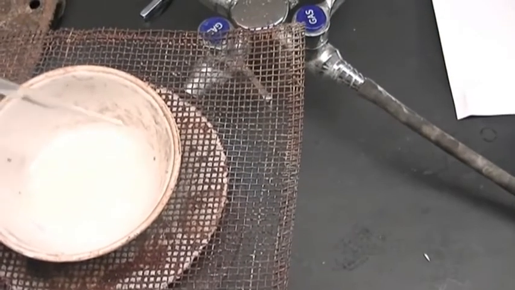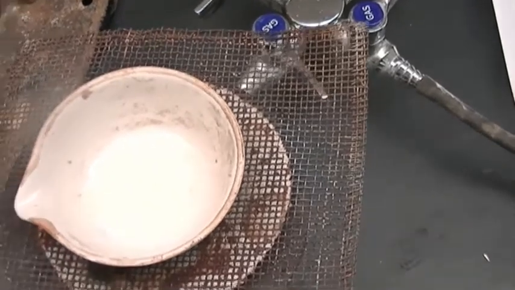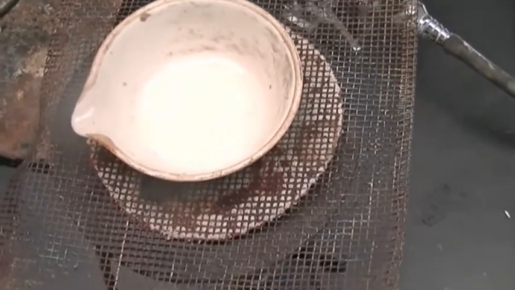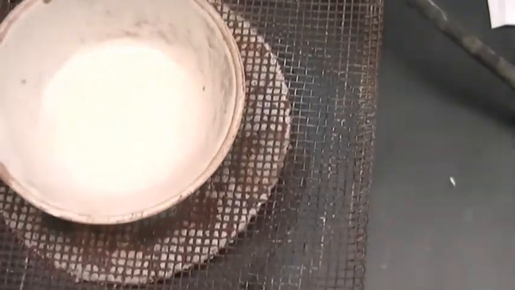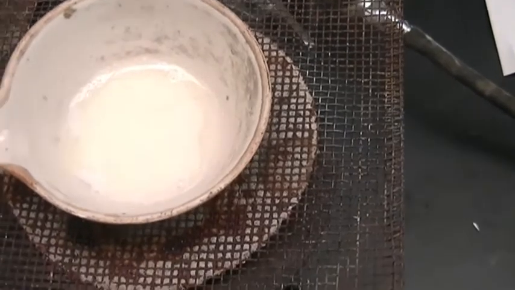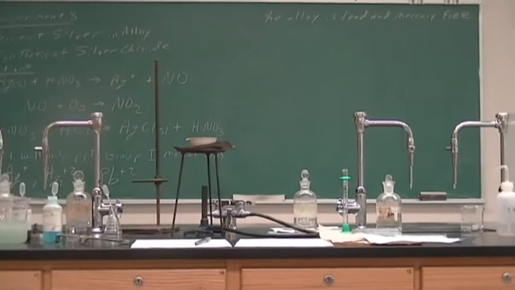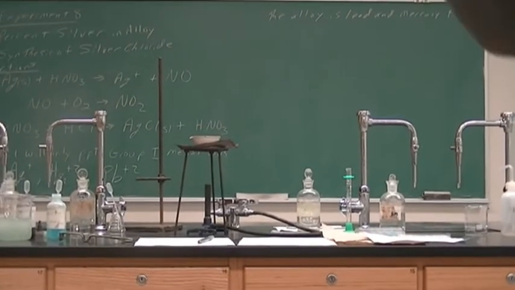So here's our 3 mils that it calls for, although I don't see any solid forming, so we are good. All right, and so now we just have to dry this and weigh it. So that is your silver chloride that we are going to now evaporate to dryness, and then we weigh that, and then we are done. We will have all of the data that is required for experiment 8.